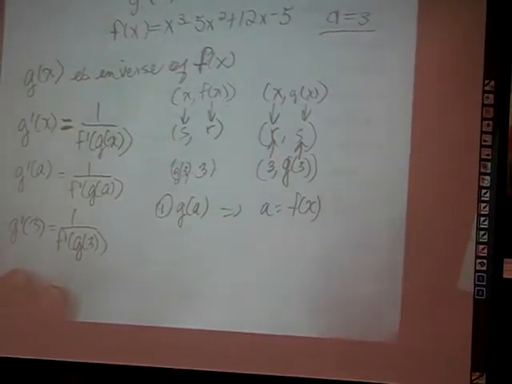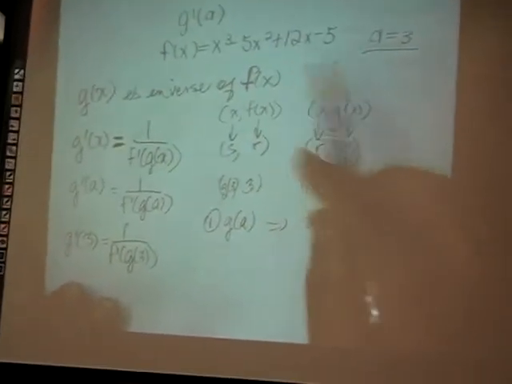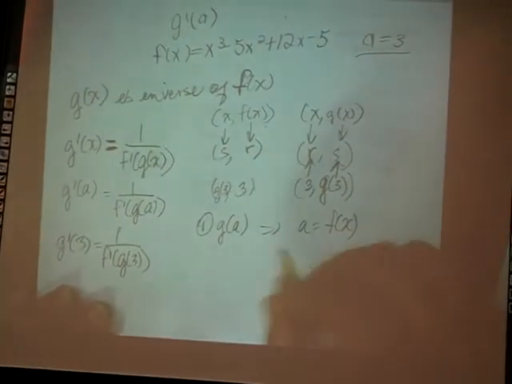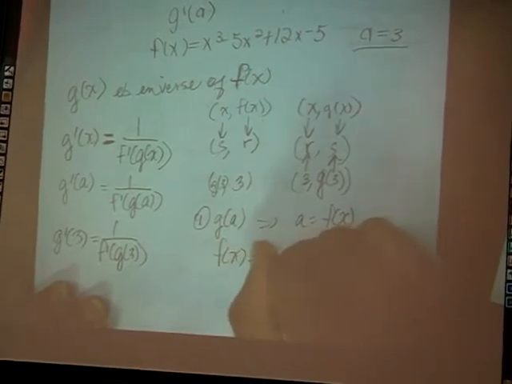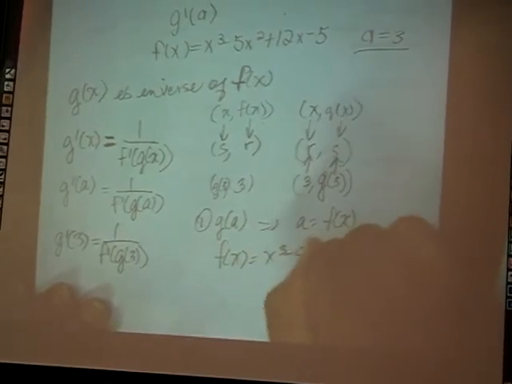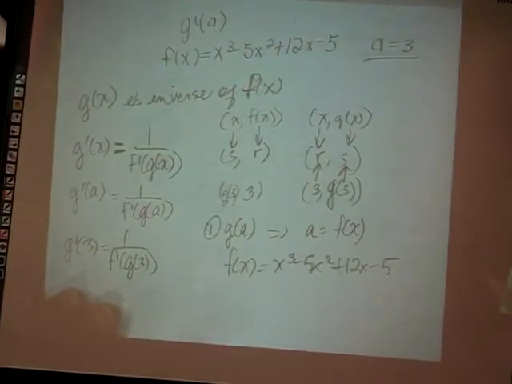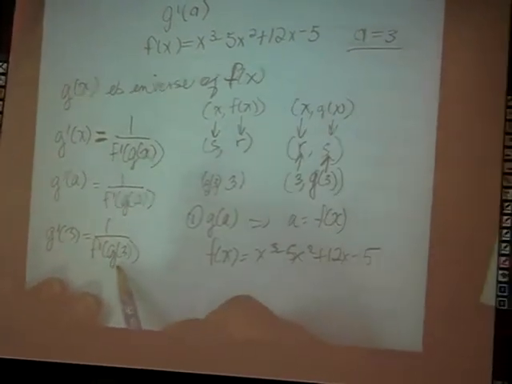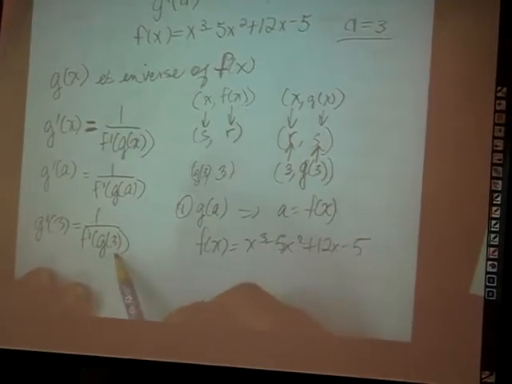Well, what was f of x? F of x was x to the third minus 5x squared plus 12x minus 5. So let's write that over. What I'm supposed to do with this information is set it equal to the a value to find the x value, which I know will be equal to g of 3.